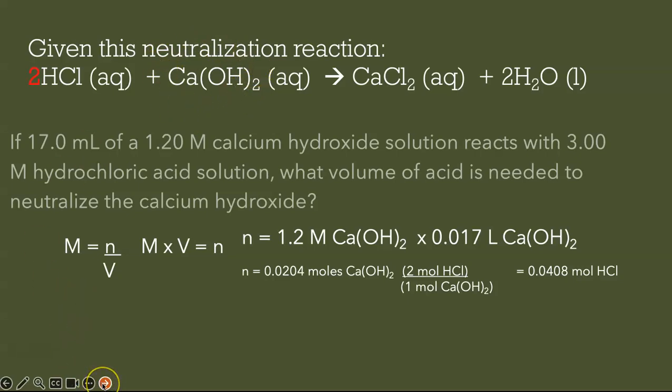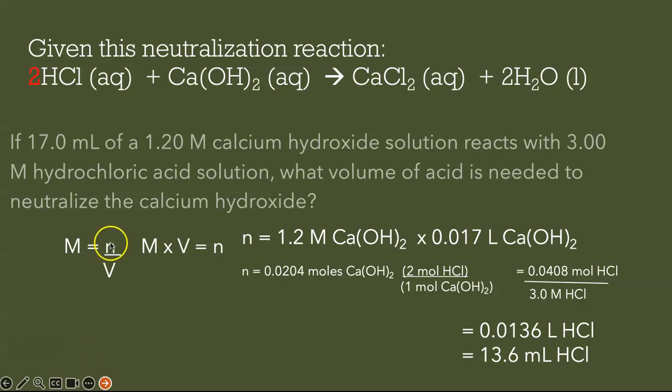So we get 0.0408 moles of hydrogen chloride divided by my molarity, and that will give me my volume in liters, and I just convert that over to milliliters. Now I had to use this technique because I have a 2-to-1 ratio here.